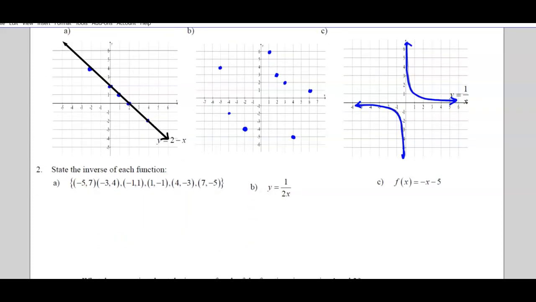Question 2, there are ordered pairs or equations. Find the inverse of the set of ordered pairs in A. Find the inverse of the function y equals 1 over 2 of x. And find the inverse of f of x equals negative x minus 5. I'll give you a couple minutes to do that. Based on question 1, probably your inverses are going to be the same as your original, but do the math and make sure that they are.